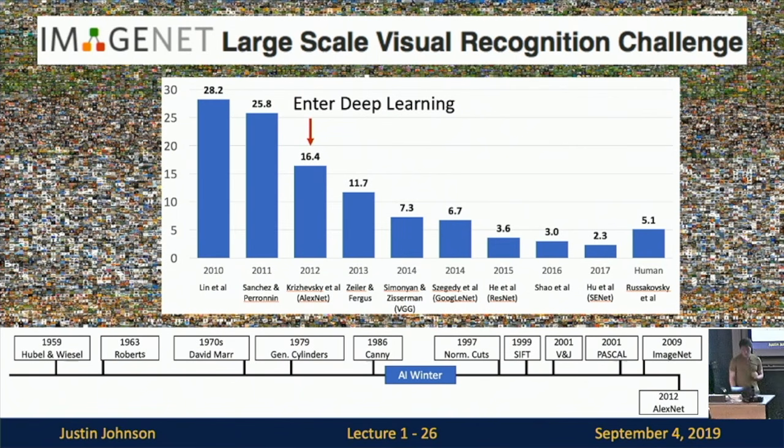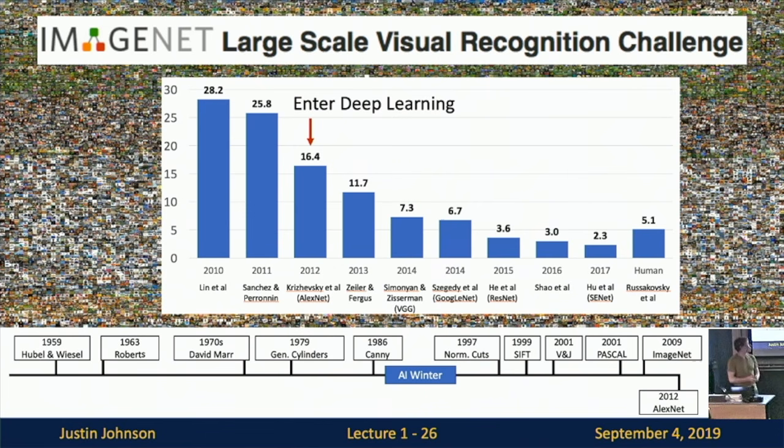Given that it's a competition, you can look at the error rate over time. The first time the competition was run, in 2010 and 2011, we were sitting at error rates of around 28 and around 25. And then something big happened in 2012.